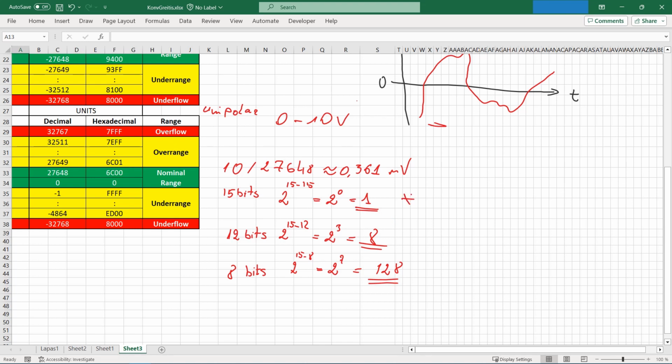According to that, 15 bits resolution step is 1 multiplied by 0.3617 equals 0.3617 millivolts. 12 bits resolution step is 8 multiplied by 0.3617 equals 2.89 millivolts. 8 bits resolution step is 128 multiplied by 0.3617 equals 46.3 millivolts.